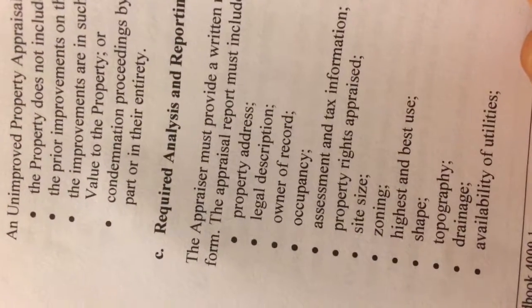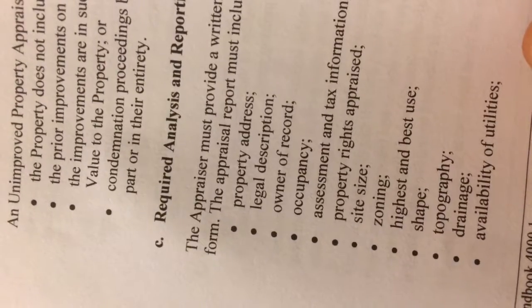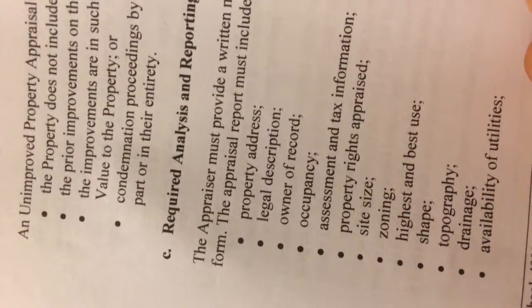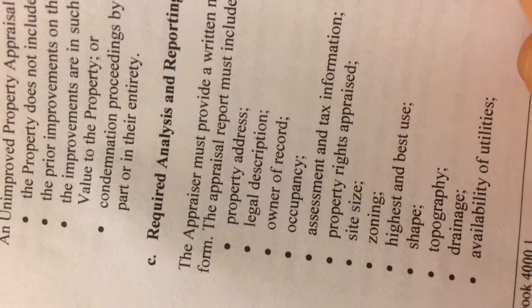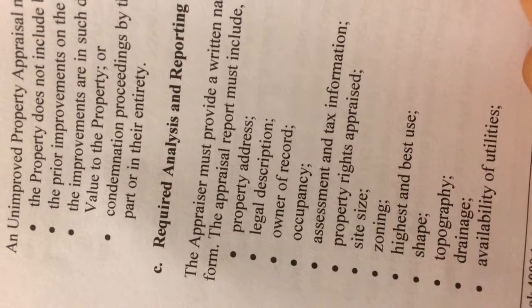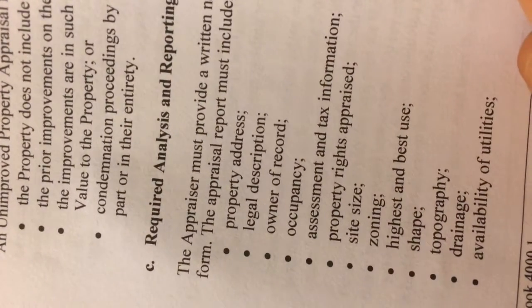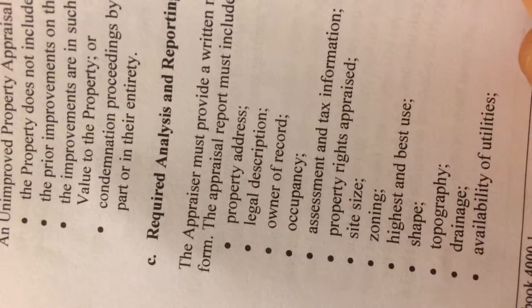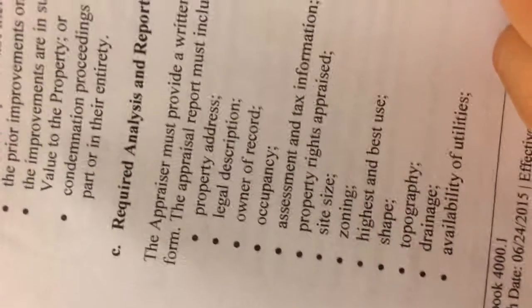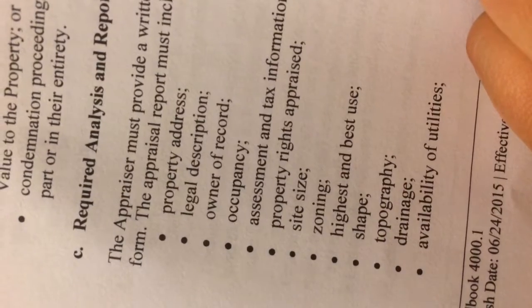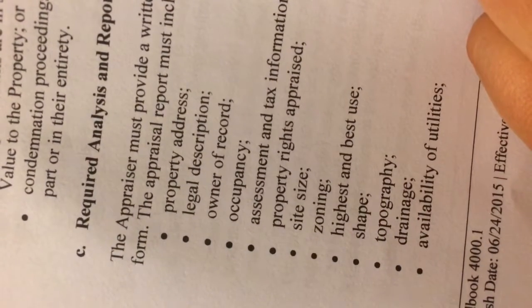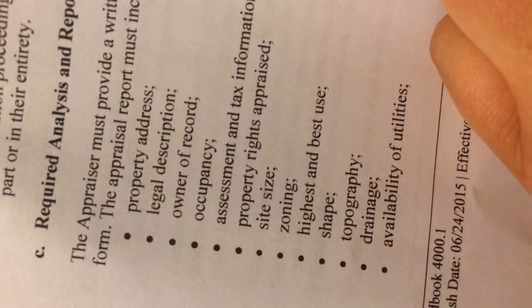The appraisal report must include at minimum the following: property address, legal description, owner of record, occupancy, assessment and tax information, property rights appraised, site size, zoning, highest and best use, shape, topography, drainage, availability of utilities. Page 67.